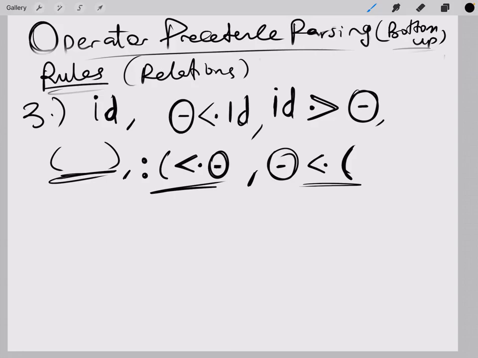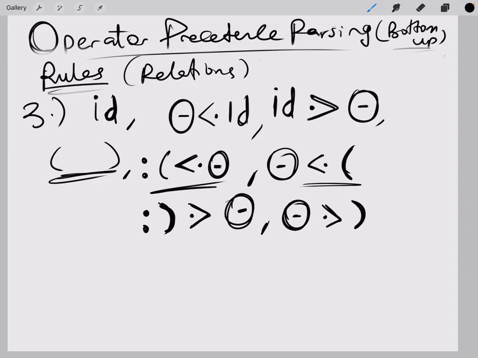What about when we are dealing with the closed parenthesis? When we are dealing with this, it's always taking precedence. Regardless of who is on the spectrum, addition, division, anything, this one takes precedence over it, and if it is on the other end, it is still taking precedence over the close.